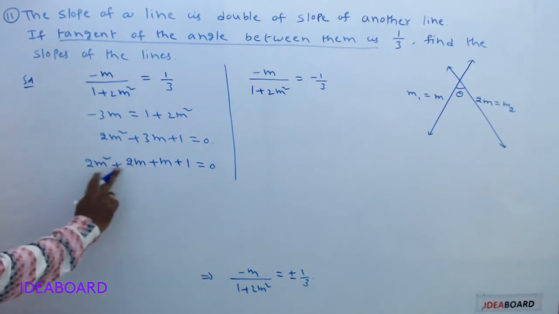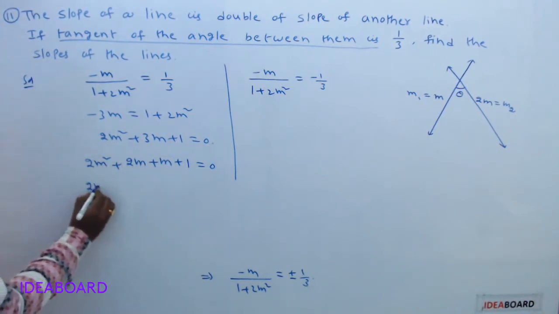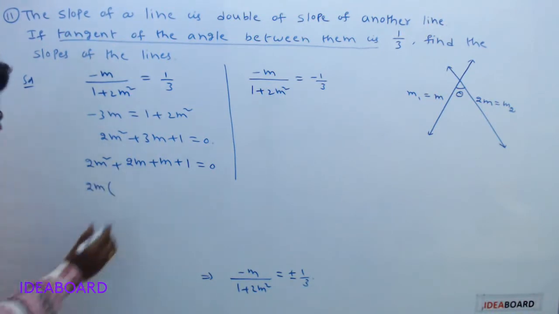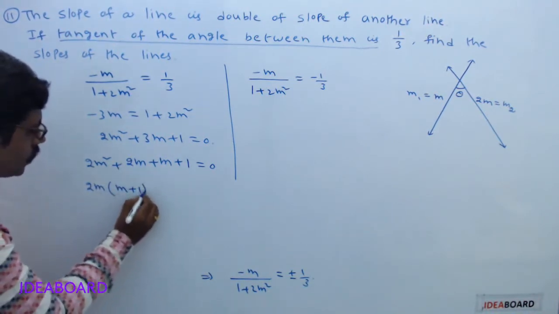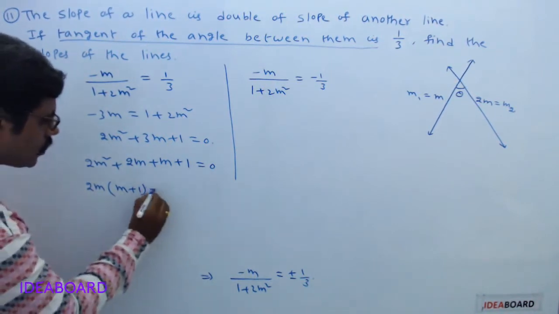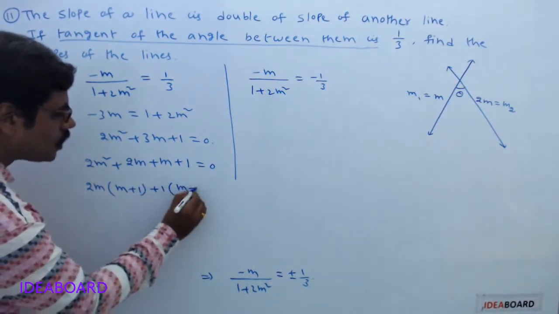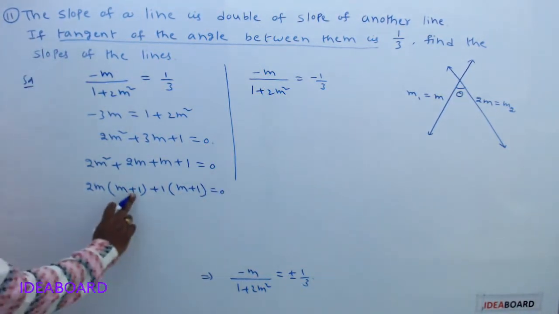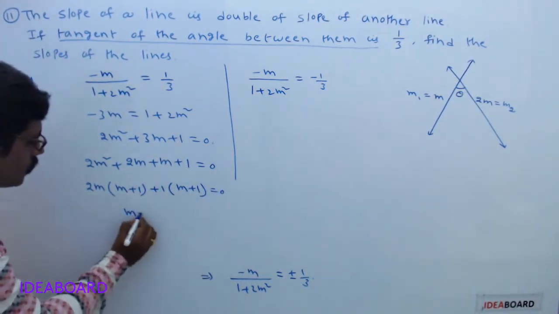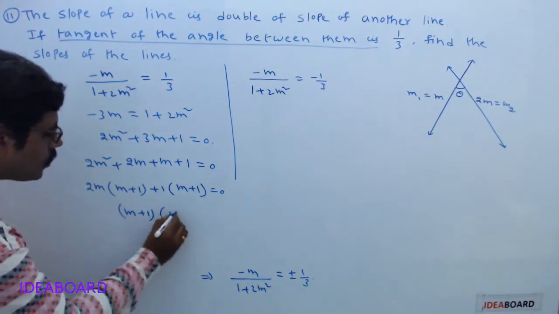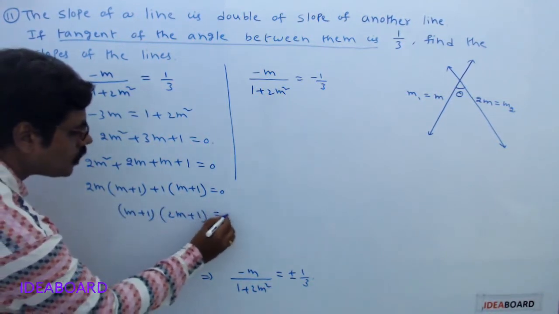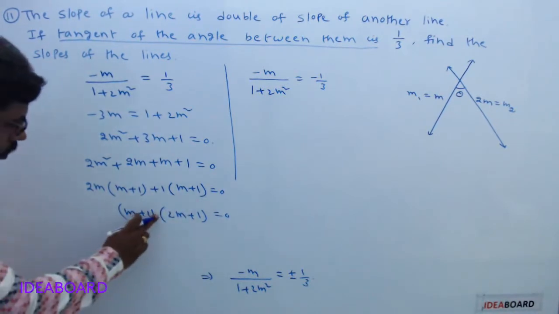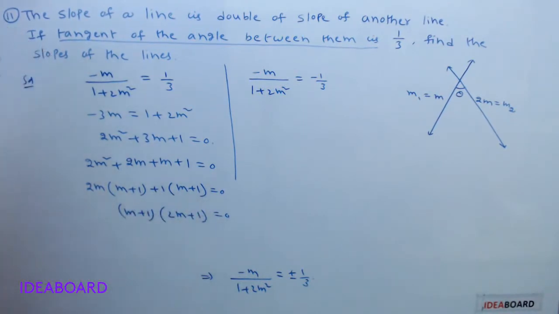Take the common factor 2m from the first and second terms. It will be m plus 1. This term can be taken as plus 1 into m plus 1 equals 0. Take the common factor m plus 1. So m plus 1 into 2m plus 1 equals 0. Now this equation is of the form AB equals 0.